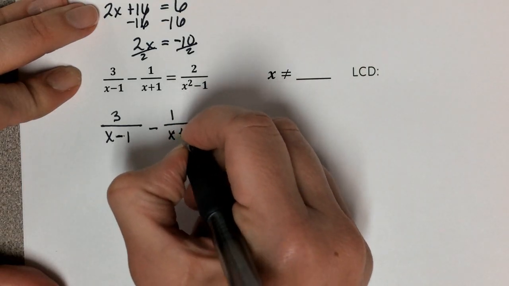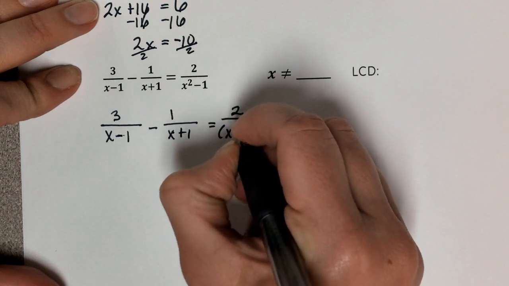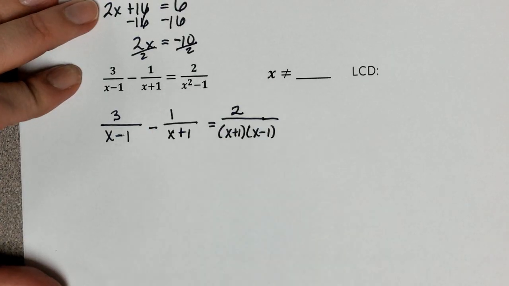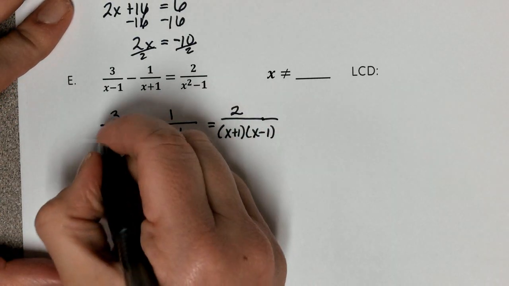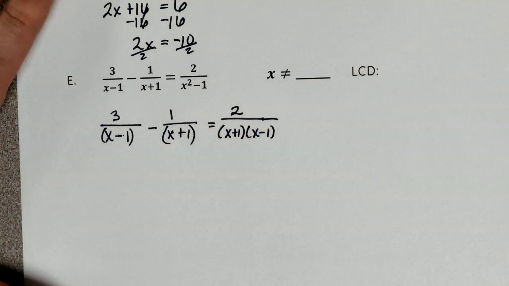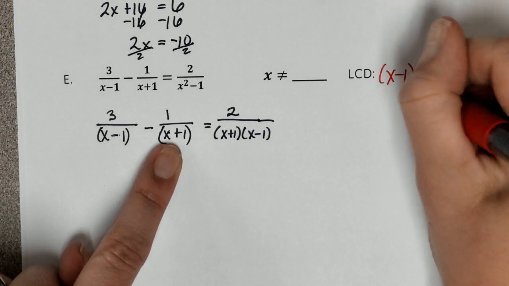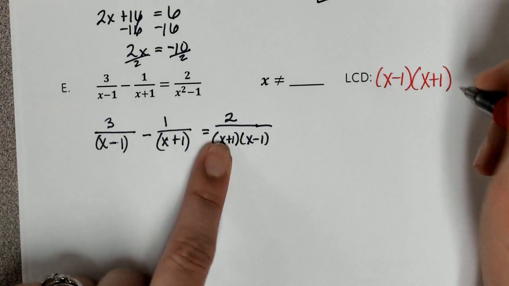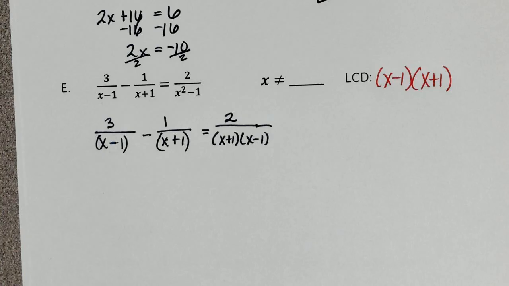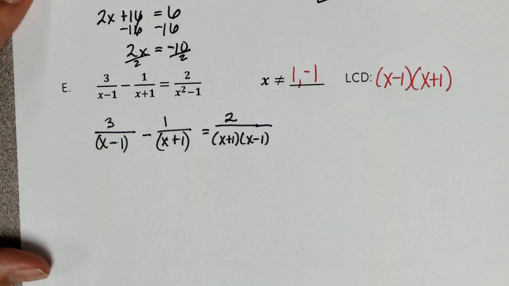And this is x plus 1. Equals 2 over x plus 1, x minus 1, because these are the factors of our difference of two squares. And these are factors in themselves. Okay, so our LCD is x minus 1, x plus 1, and we have both of those here. All right, so x can't equal 1 or negative 1.